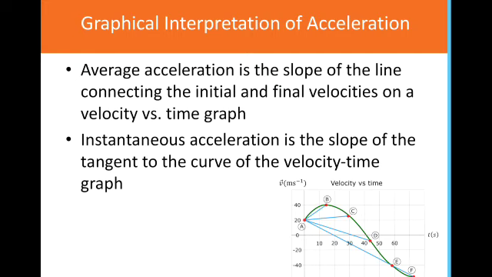In this case, we are speaking about the velocity and the time. And the instantaneous acceleration is the slope of the tangent, exactly the same way that we proved for the instantaneous velocity, to the curve of the velocity time graph. So the instantaneous acceleration is the tangent to the velocity time graph.